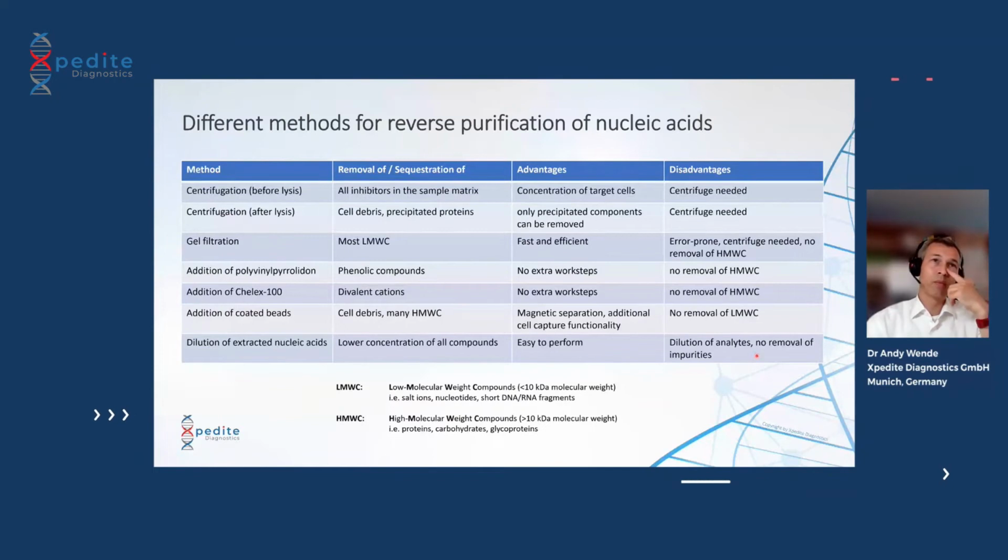So if you have an application where you have very low DNA concentration to detect, because there is only a little bit, say a few cells or whatever, a very little amount of analytes in your sample, then you should not dilute the sample any further, because that would obviously negatively impact your assay sensitivity.